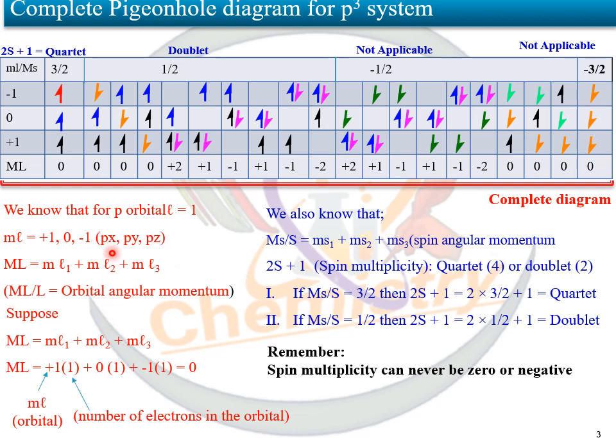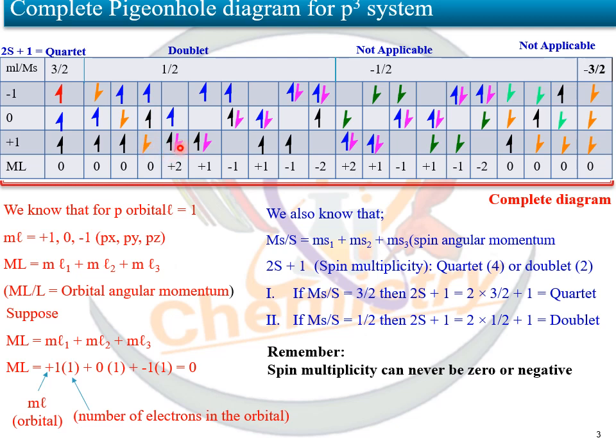Sorry for the slight pause. Now just invert this one. This is another arrangement. Keep on moving this electron in downward direction and this one in upward direction. Then you get another arrangement and so on.